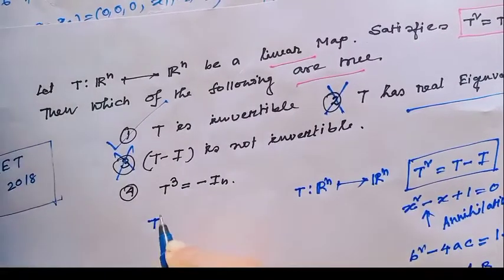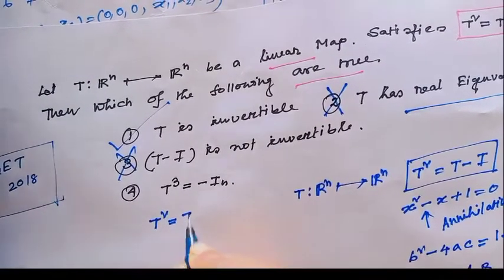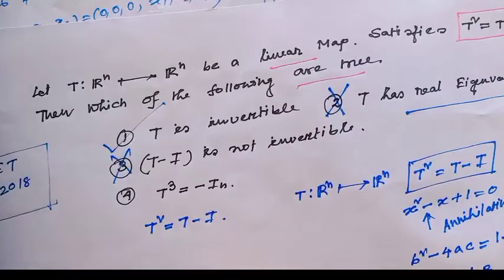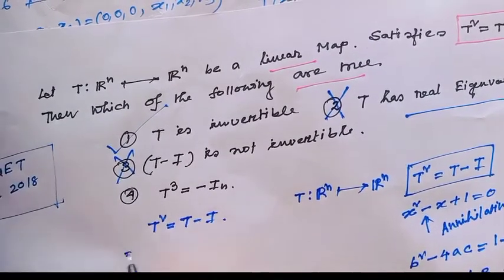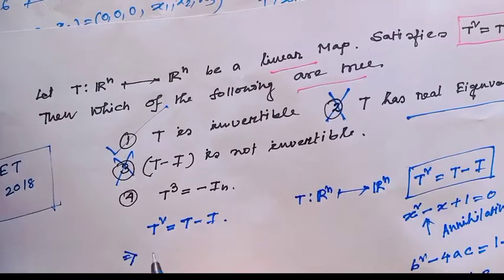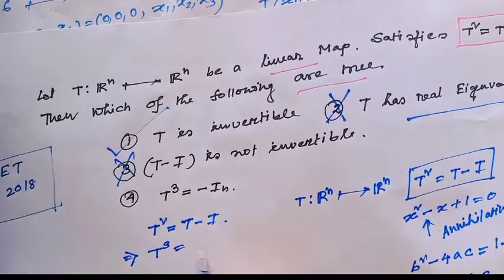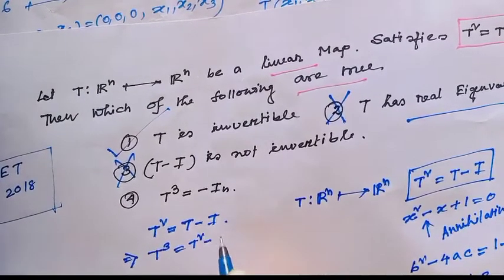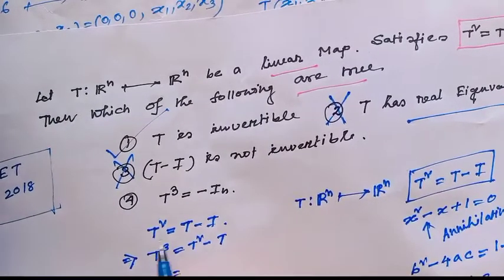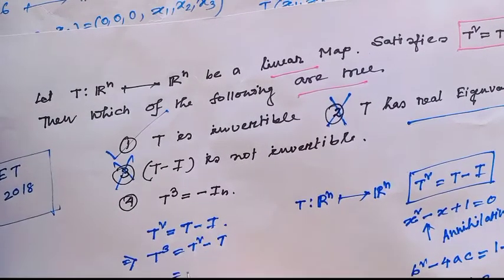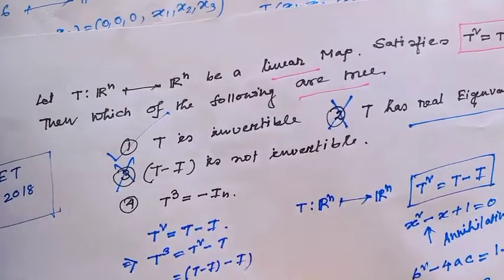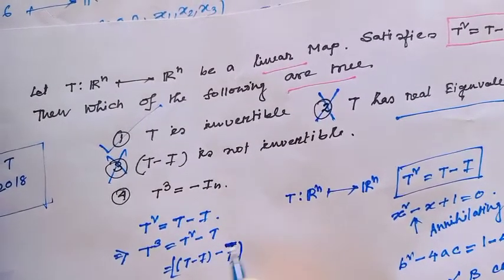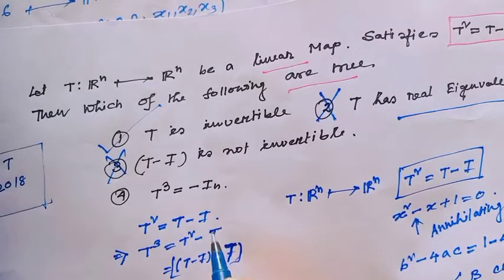Since our annihilating polynomial is t square equal to t minus identity, here we have to find t cube. That means multiply both sides by t, then t cube would be t square minus t. Now put the value of t square here, then this would be t minus identity, minus t.